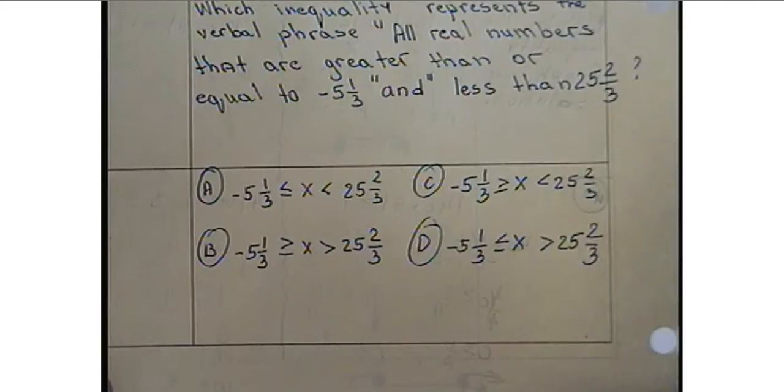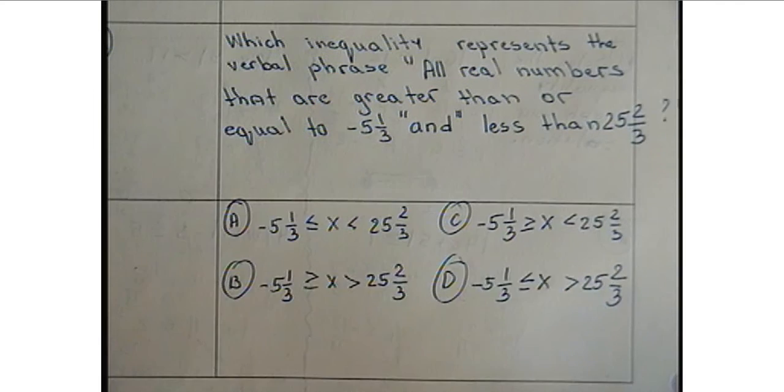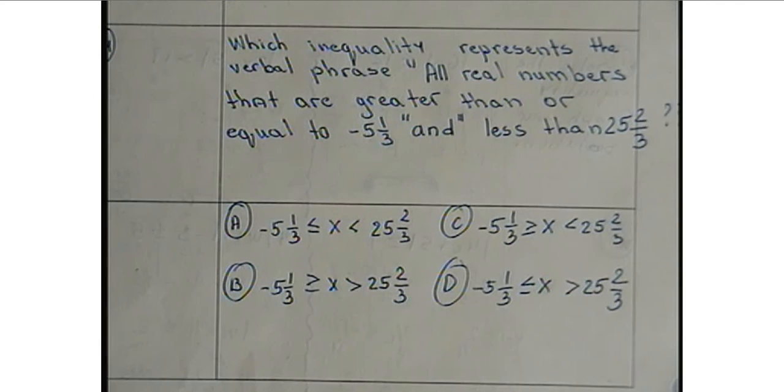Number 4, the last example for today. Which inequality represents the verbal phrase, all real numbers that are greater than or equal to negative 5 and 1/3 and less than 25 and 2/3?